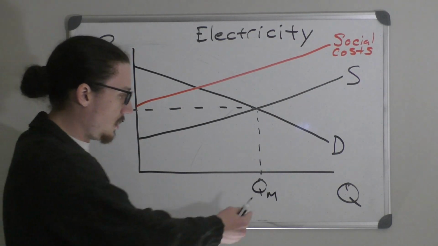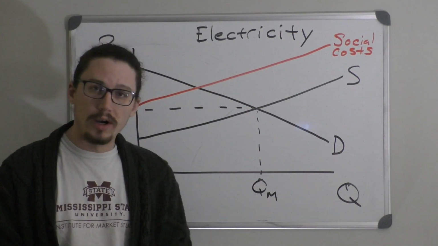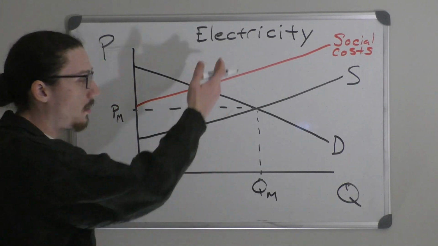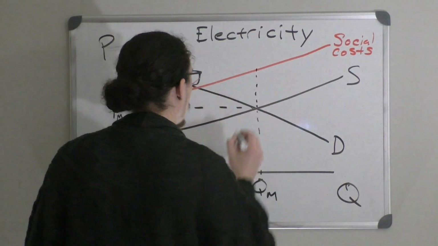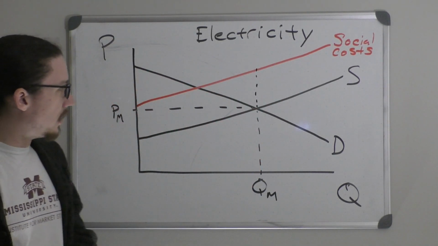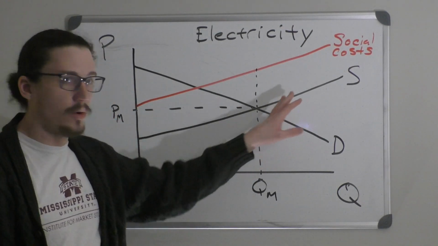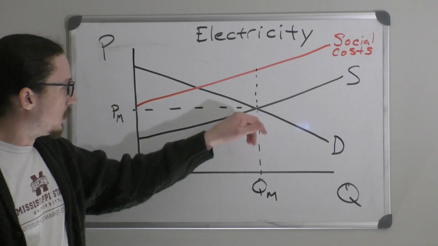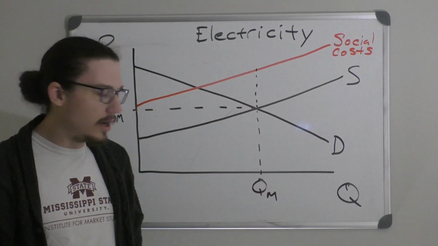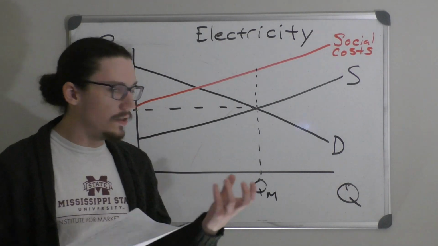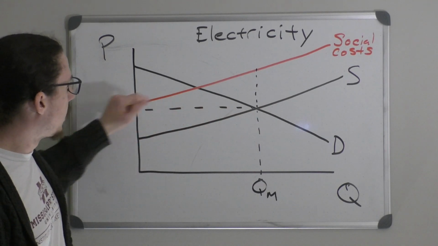One, if we were to take our market quantity, our equilibrium quantity for the market, and follow it up to our new supply curve, this would suggest that the costs are much higher than when we were in our market. Here we're saying the price is the cost and the benefit of the last unit.